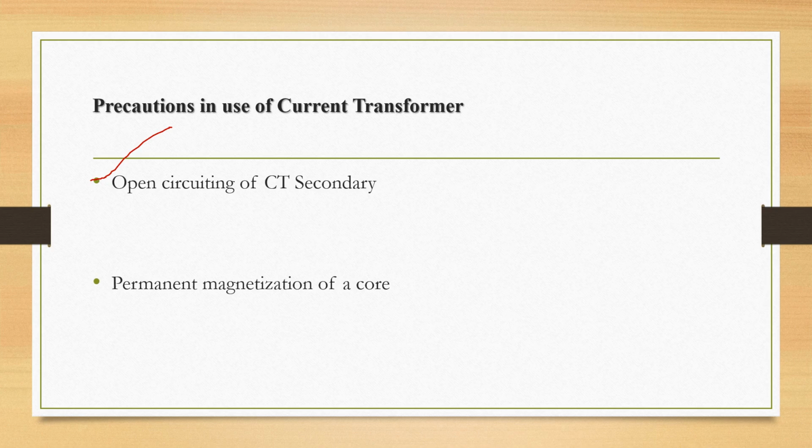This large flux greatly increases flux density in the core and pushes it towards saturation. This large flux links with the large number of secondary turns and produces a very high voltage, which could damage the winding insulation, and it can be dangerous for the operator also.